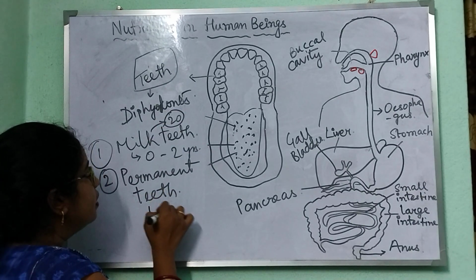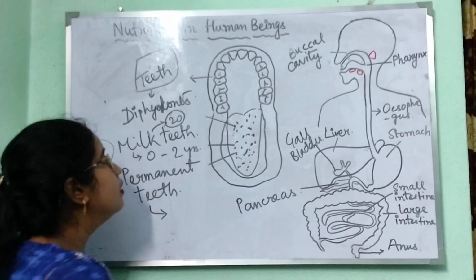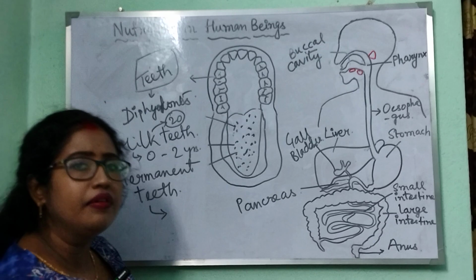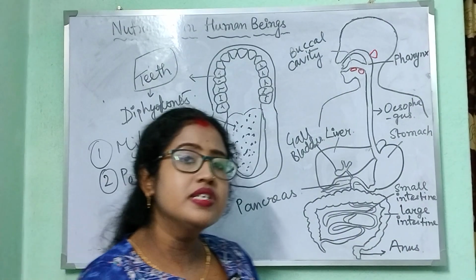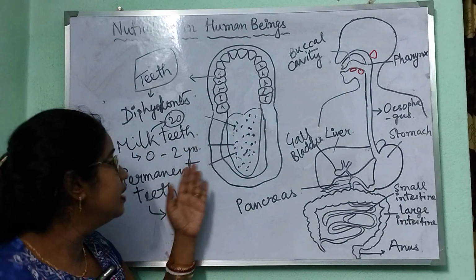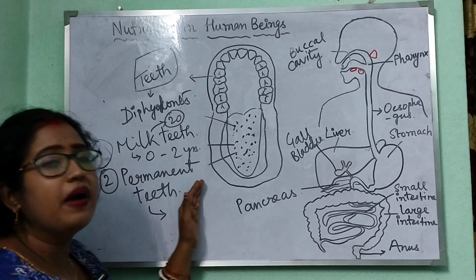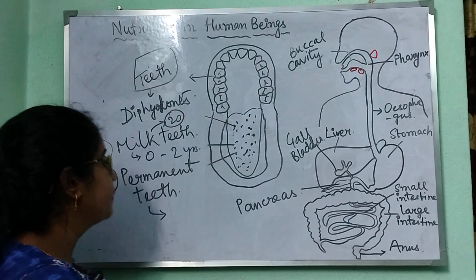But the permanent teeth, after 2 years or after the child reaches 3 years, these milk teeth shed off and are replaced by the permanent teeth.